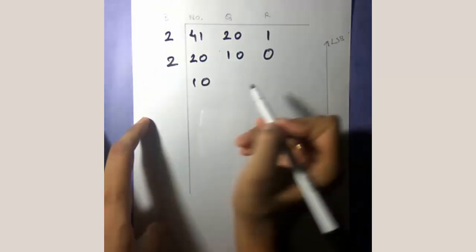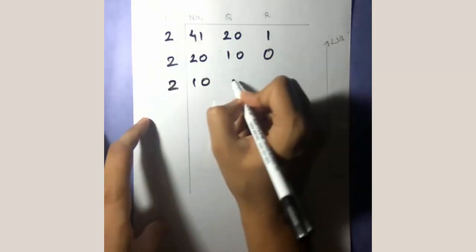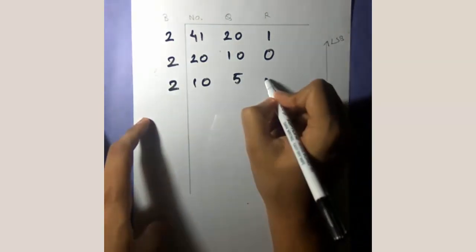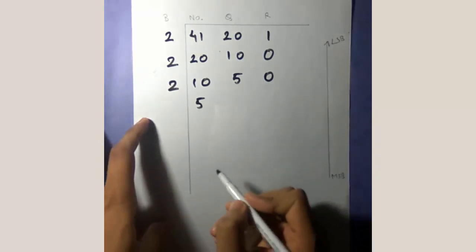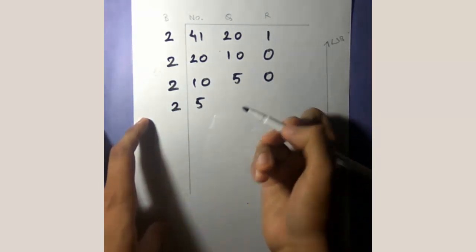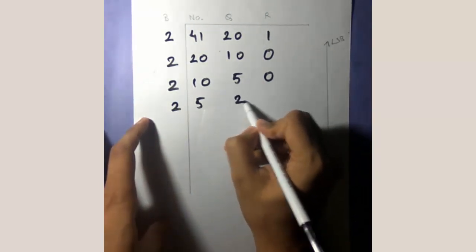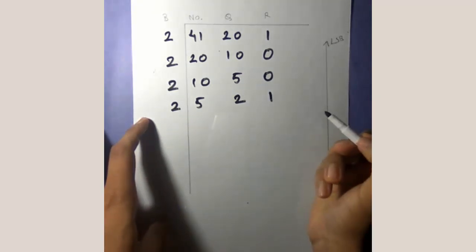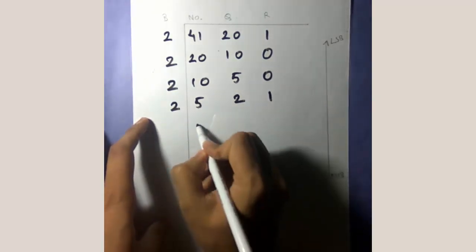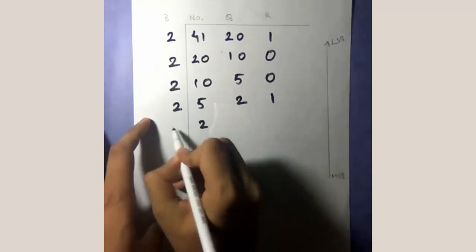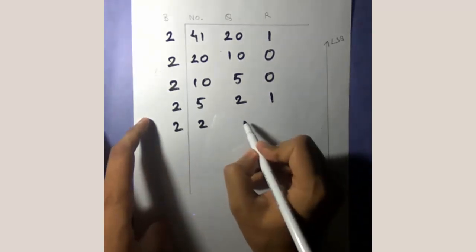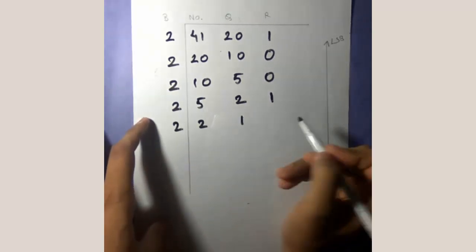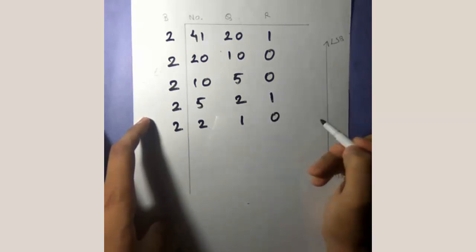Similarly, 10 divided by 2 will give me 5 and again the remainder will be 0. Now 5 divided by 2 will give me 2 plus 1 remainder. I take this 2 down, divided by 2, which will give me quotient as 1 and no remainder.